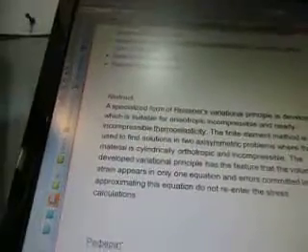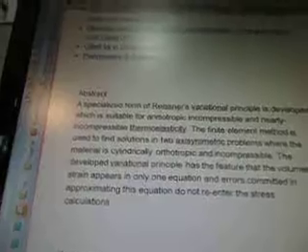anisotropic elasticity. Samuel W. Key from New Mexico, and the abstract says a specialized form of Reissner's variational principle is developed which is suitable for anisotropic, incompressible and nearly incompressible thermal elasticity.